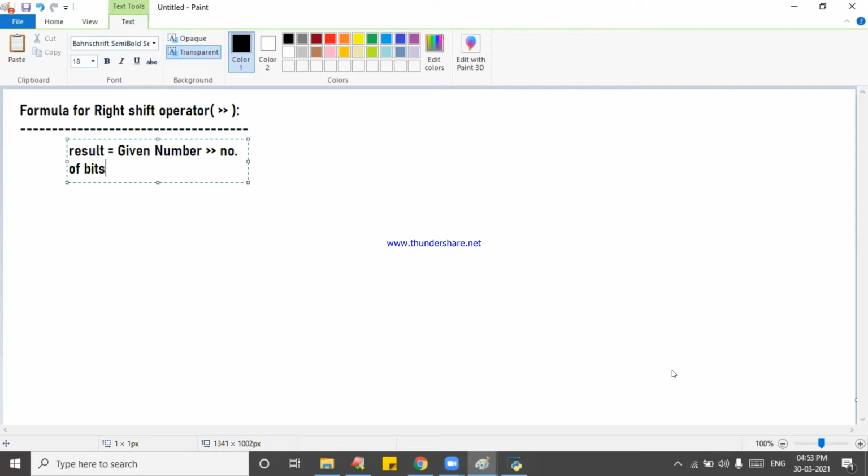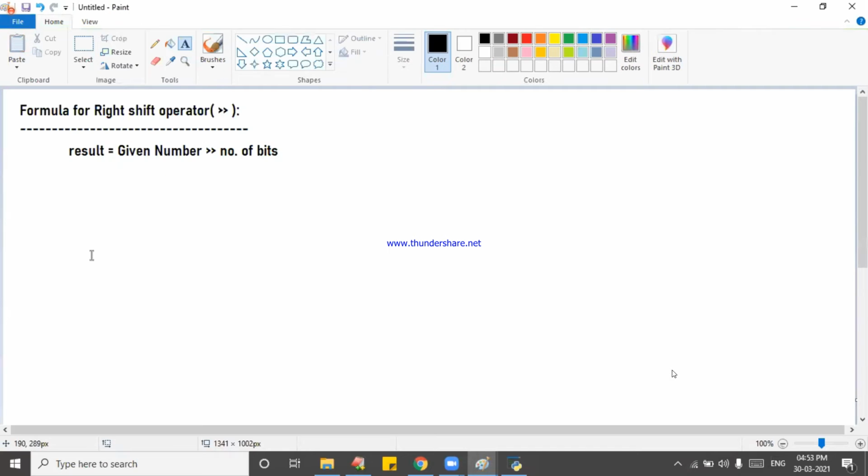This is a syntax formula. There only you write it.